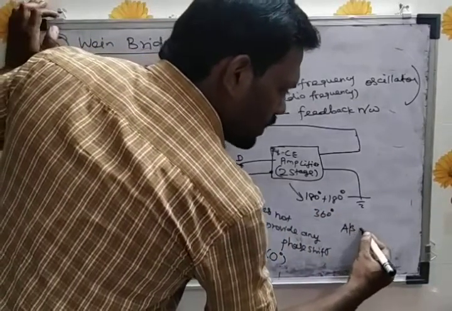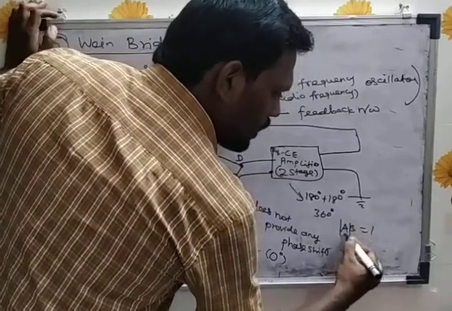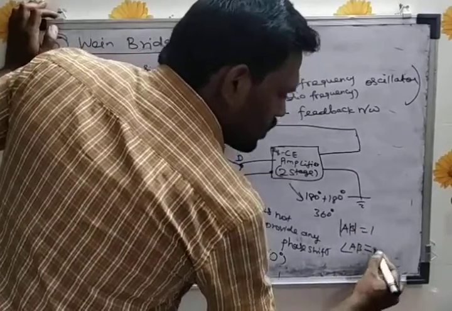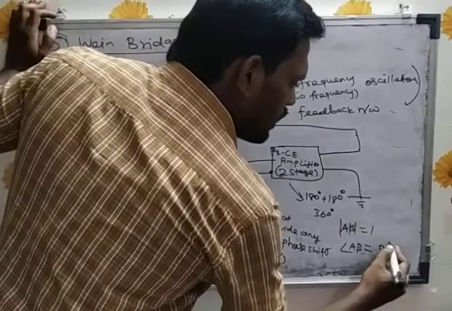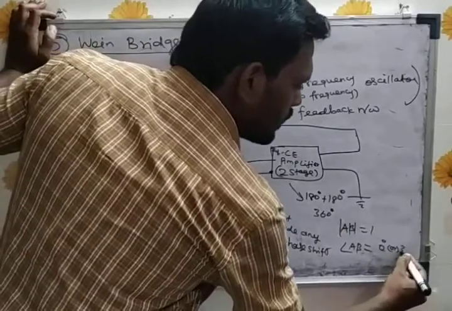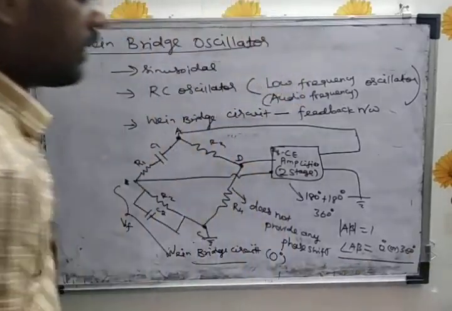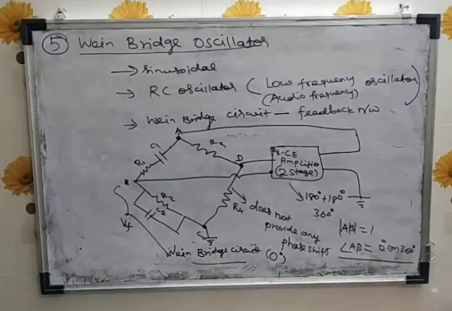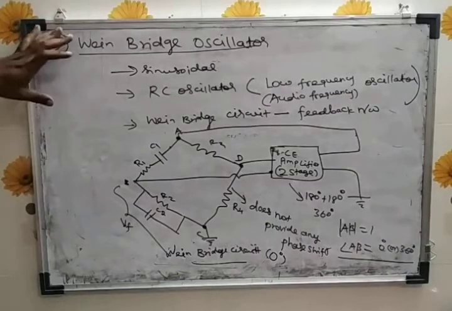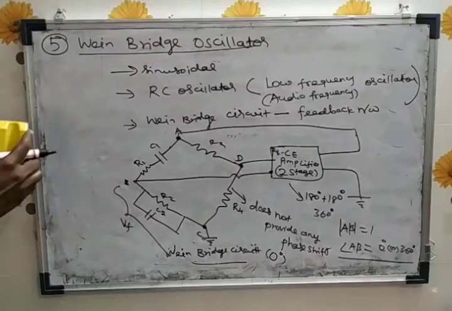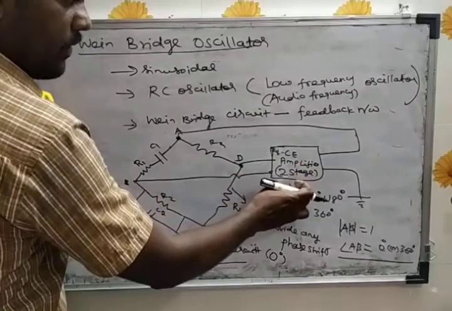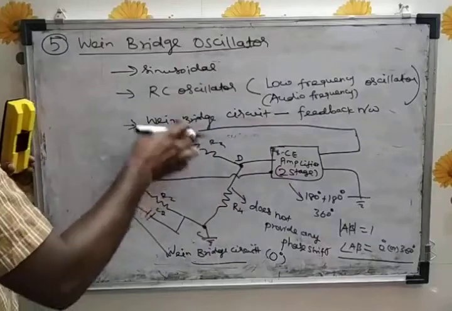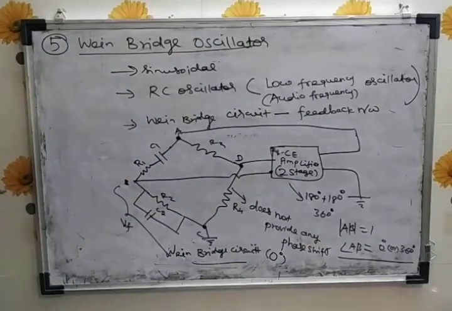So A beta must be 1 and also the angle of A beta should be 0 degree or 360 degree. Now we draw the circuit diagram of the Wien-Bridge oscillator. It has 2 CE amplifier stages and the Wien-Bridge circuit as the feedback network.